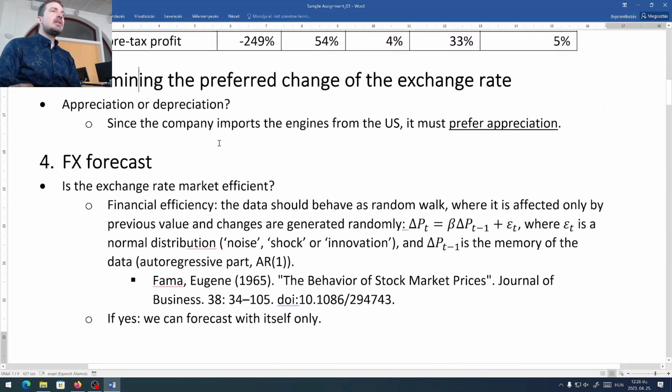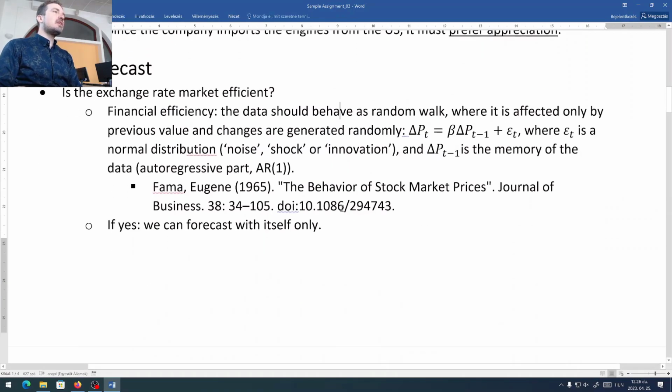So, determining the preferred change of the exchange rate, obviously since we are importing goods, we learned in introduction to finance that in this case appreciation must be preferred, because it would decrease the costs in euros. And after that we have to see, okay, but what can happen in the future.